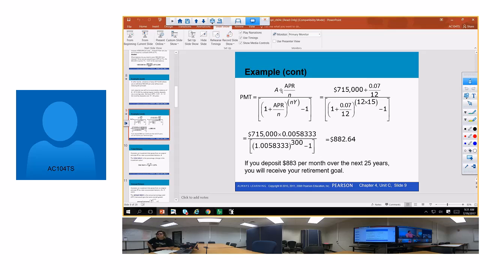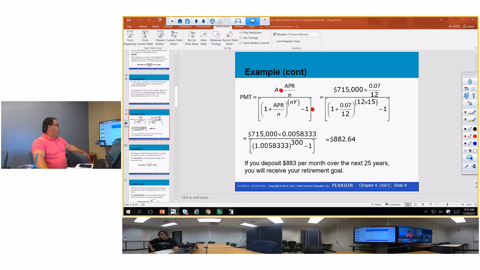This is supposed to be a multiplication symbol. That's supposed to be a multiplication symbol, and that's supposed to be 25. Okay? So everything's right except if you copy this, just change this into a multiplication symbol and write this down right here.